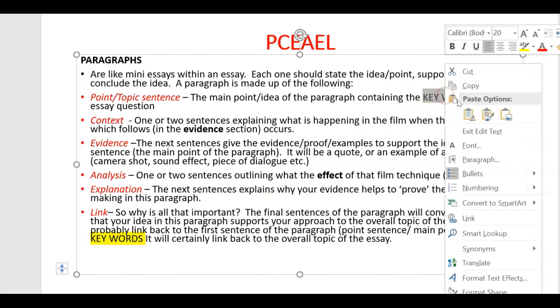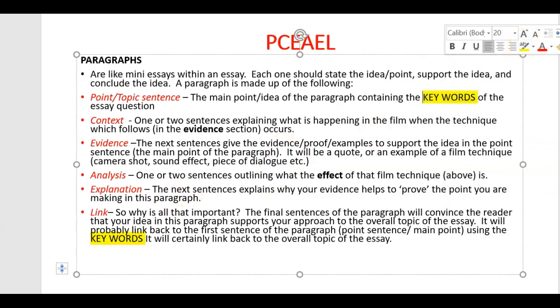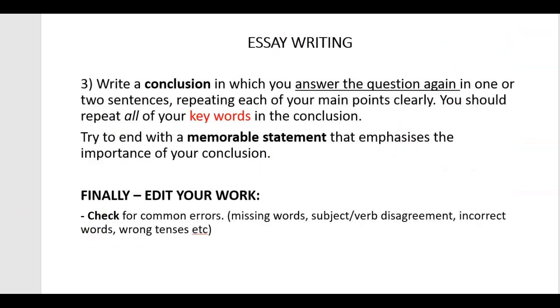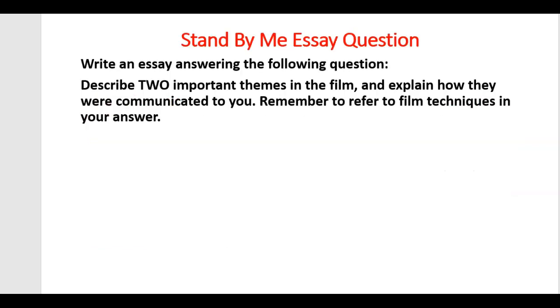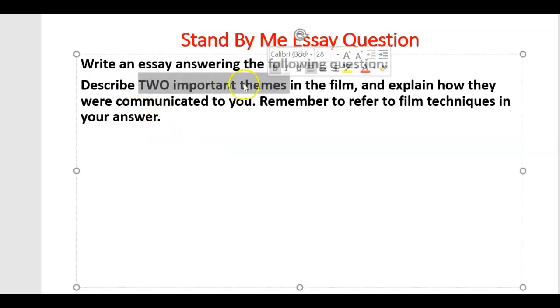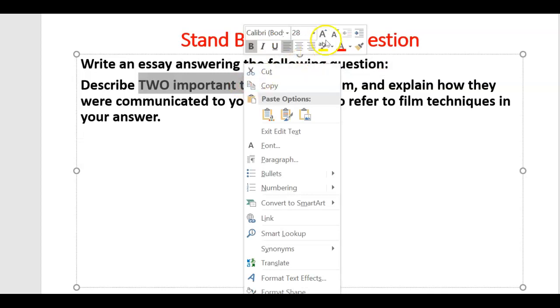So let's move to the next screen. Well, we'll talk about conclusions another day, actually. We're just talking about paragraphs. Let's just go back to our essay question, because I don't think we highlighted our keywords. What are our keywords? Yeah, 2 important themes. First of all, that's the first part.